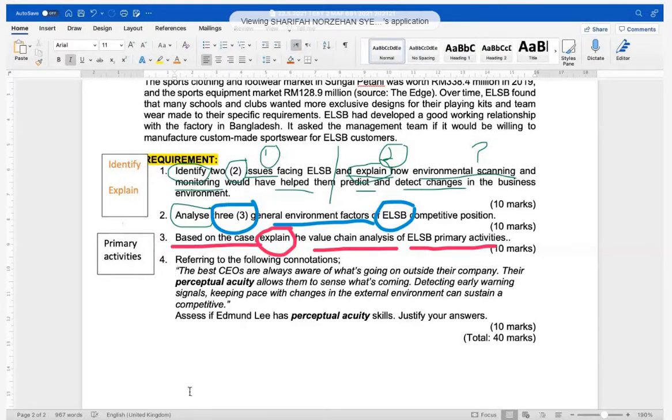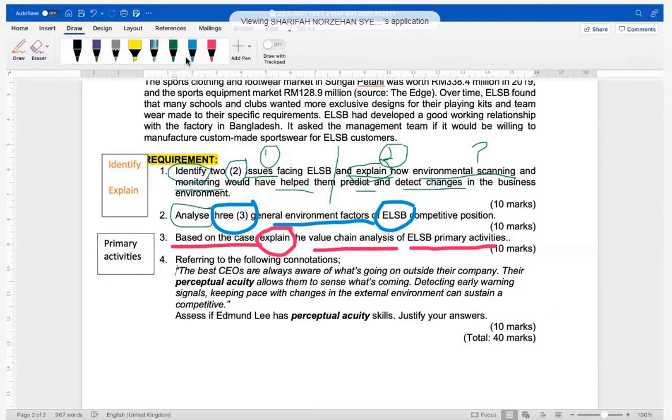So basically, those elements need to be explained in the context of ELSB. What is the nature of inbound in ELSB? How is the operation like in ELSB? How is outbound like in ELSB?